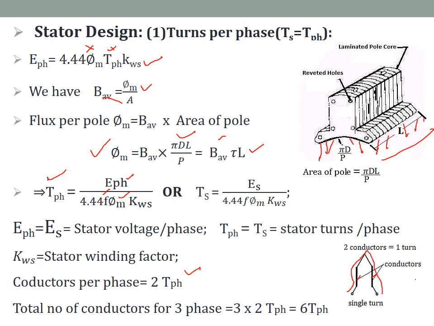So for one turn, two conductors are required. If TPH is 1, then 2 into 1, conductors per phase is equal to 2. This is for one phase. For three phases we multiply by 3: 3 into 2 into TPH, which is equal to 6 TPH.